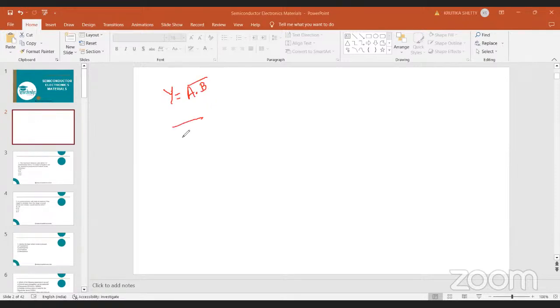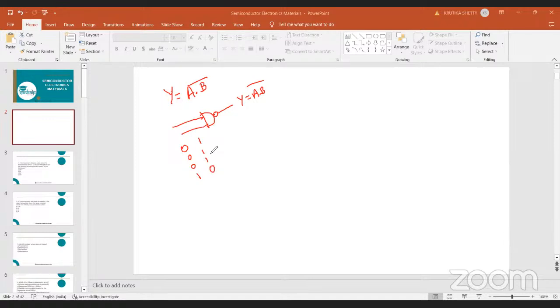So the symbol will be the AND gate with a negation added, Y is equal to A dot B bar. What about the truth table? For the AND gate we got 0, 0, 0, 1, and here, with negation, it reverses: 1, 1, 1, 0. Similarly with the NOR gate.